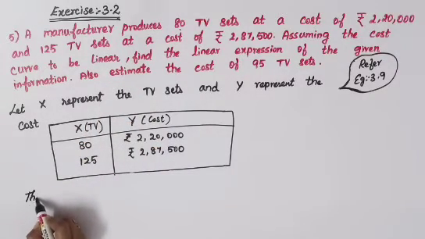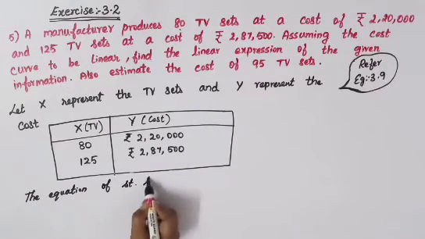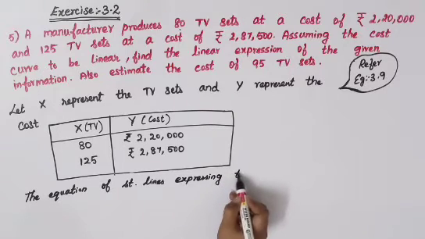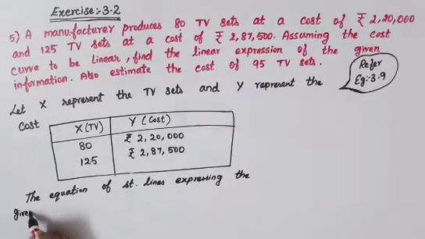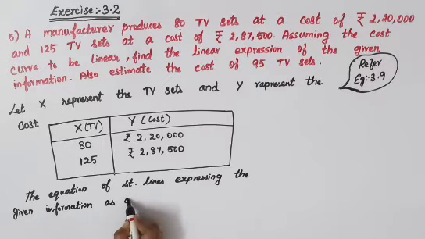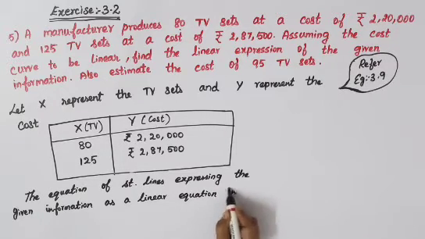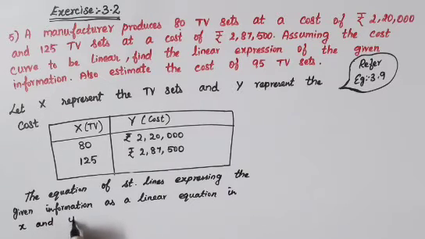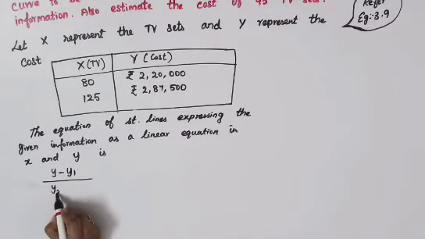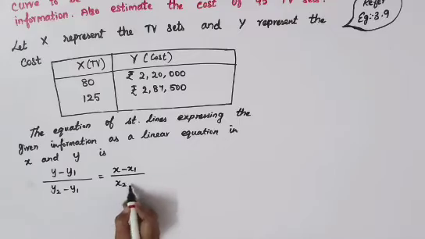Therefore you can write the equation of straight lines expressing the given information as a linear equation in X and Y. So your formula is Y minus Y1 divided by Y2 minus Y1 is equal to X minus X1 divided by X2 minus X1.